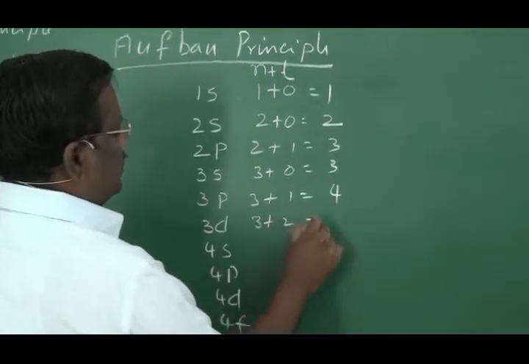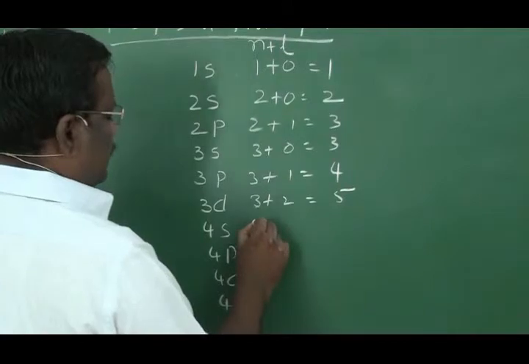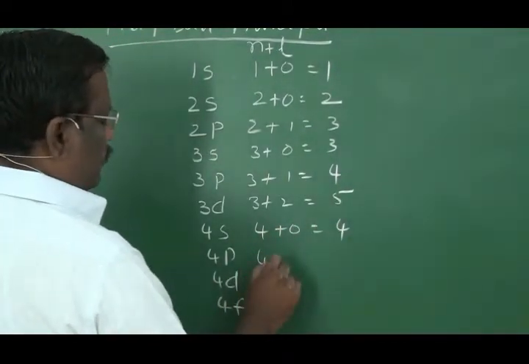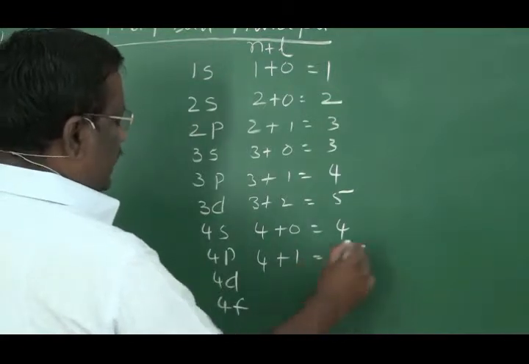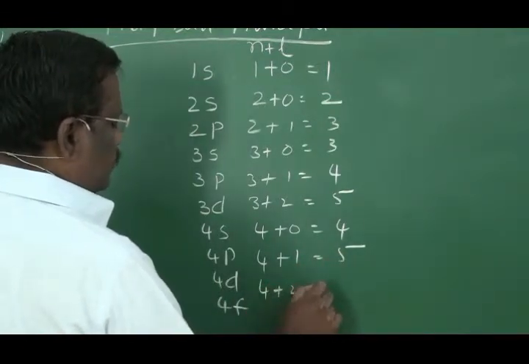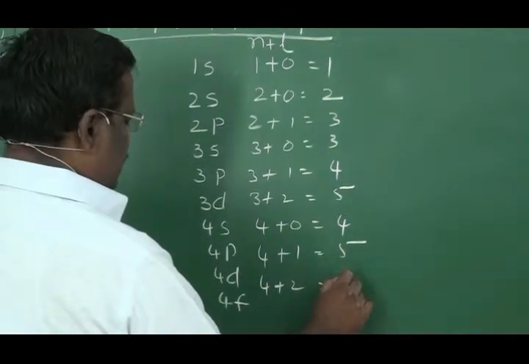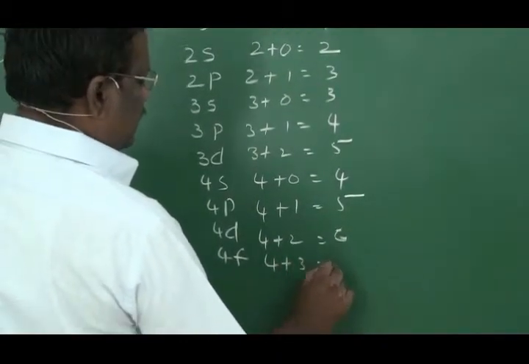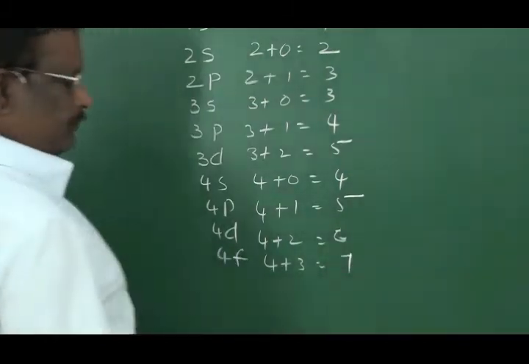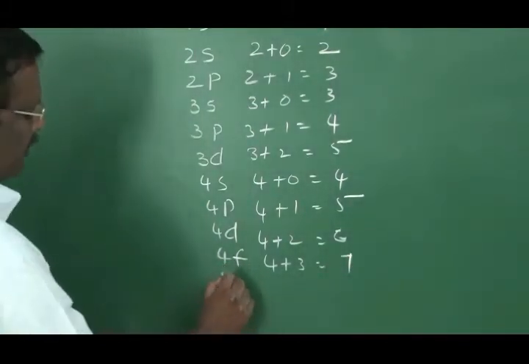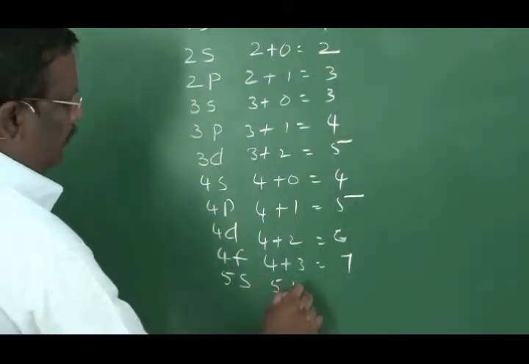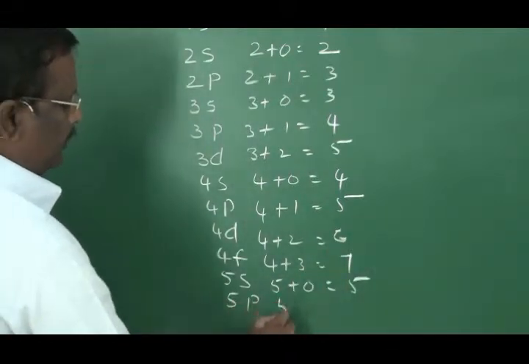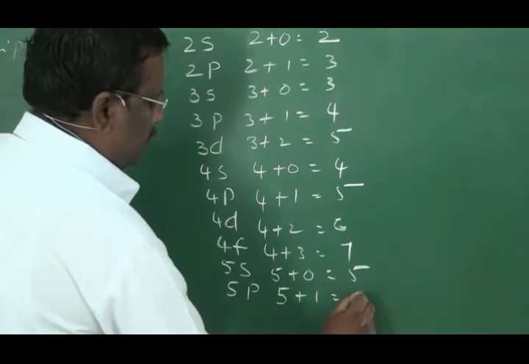For 3d, 3 plus 2 is equal to 5. 4s, 4 plus 0 is equal to 4. 4p, 4 plus 1 is equal to 5. 4d, 4 plus 2 is equal to 6. 4f, 4 plus 3 is equal to 7. Now 5s, 5 plus 0 is equal to 5. 5p, 5 plus 1 is equal to 6.